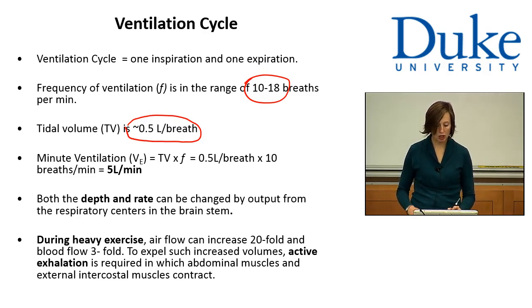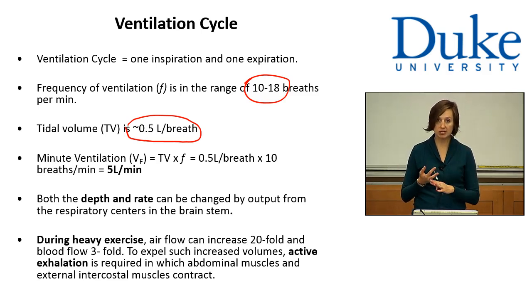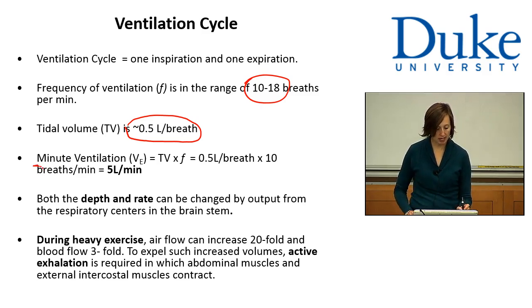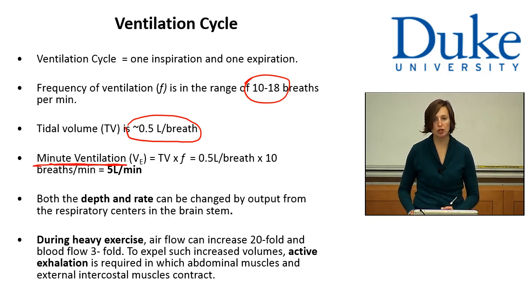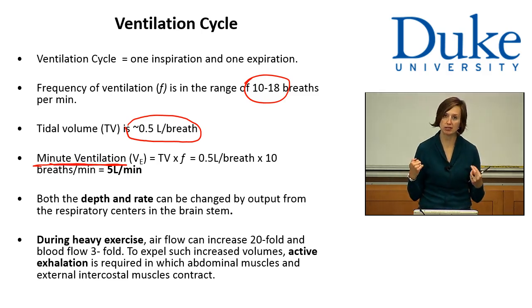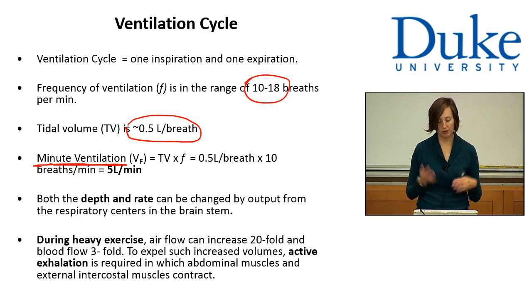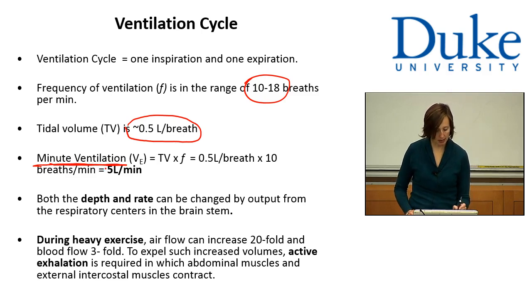And so using the tidal volume and multiplying it by the frequency of breathing, we can determine a minute ventilation. How much air are you bringing into your respiratory system each minute? And so if you're breathing half a liter a breath, 10 times a minute, then that's going to be about 5 liters a minute.